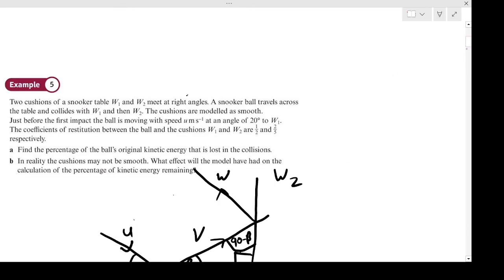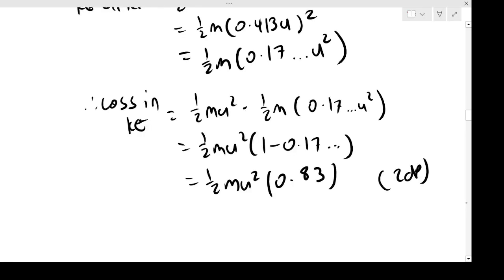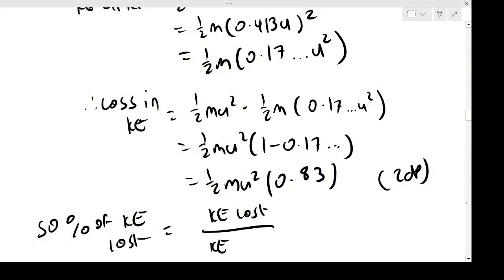It's asking for the percentage out of the ball's original energy that is lost. So we basically need to express this as a percentage. Percentage of energy lost is going to be the kinetic energy lost over the kinetic energy initially, times 100 because it's a percentage.